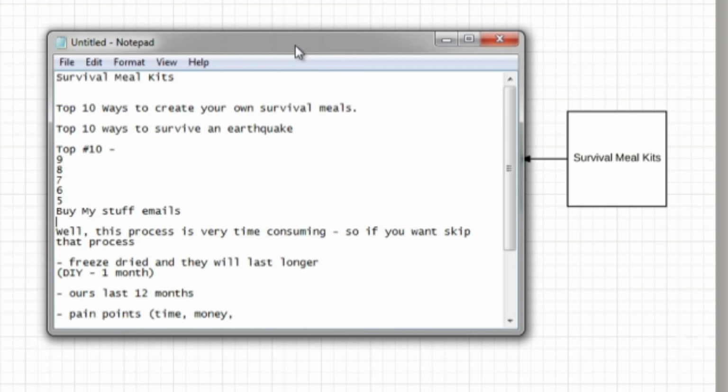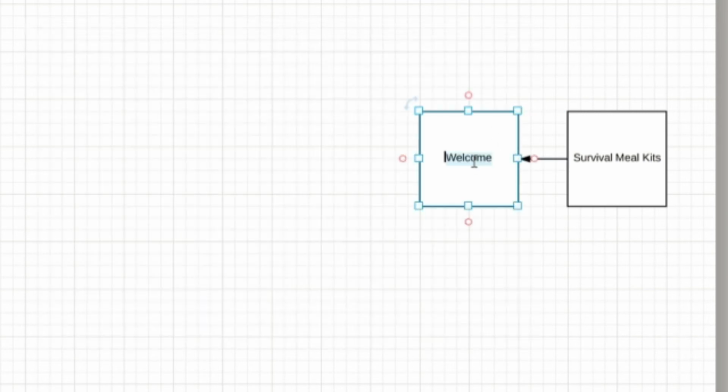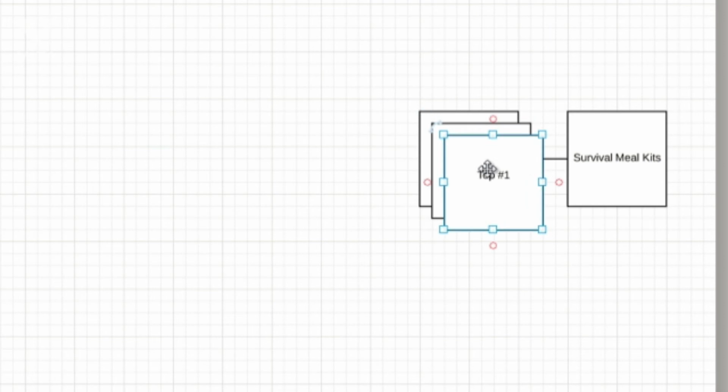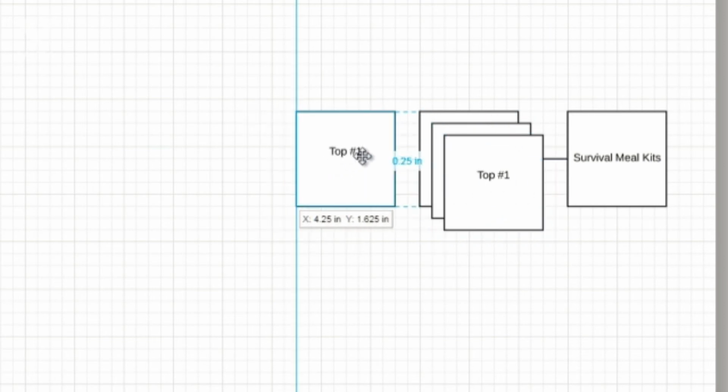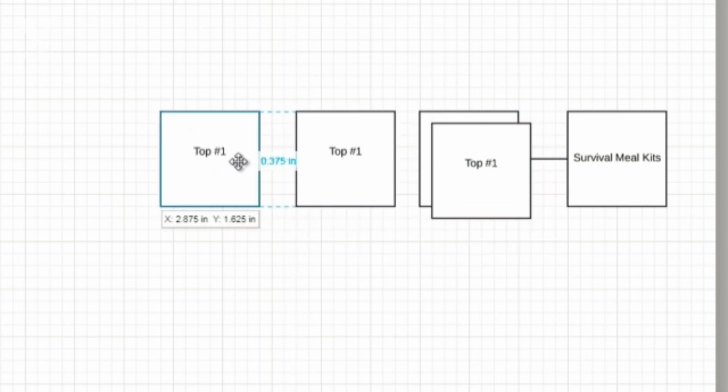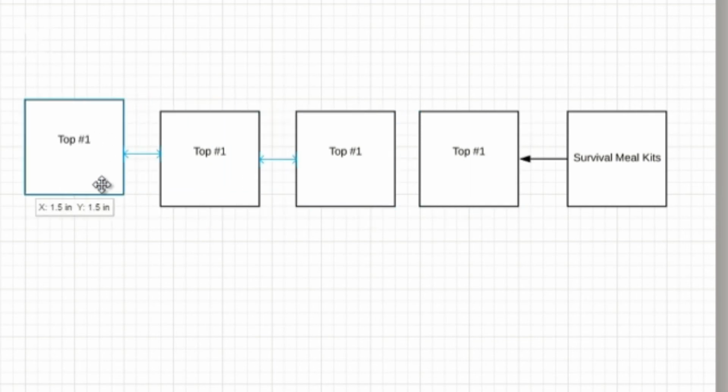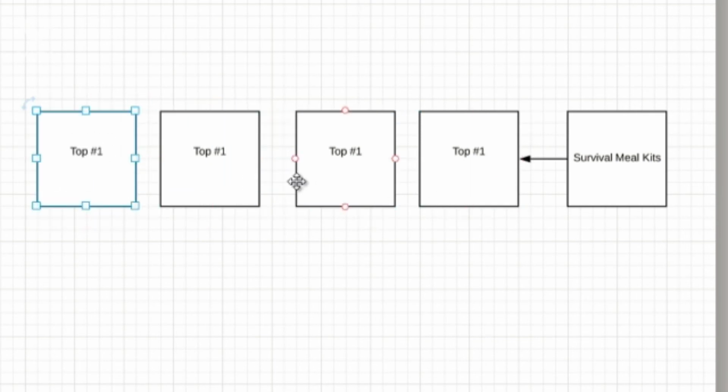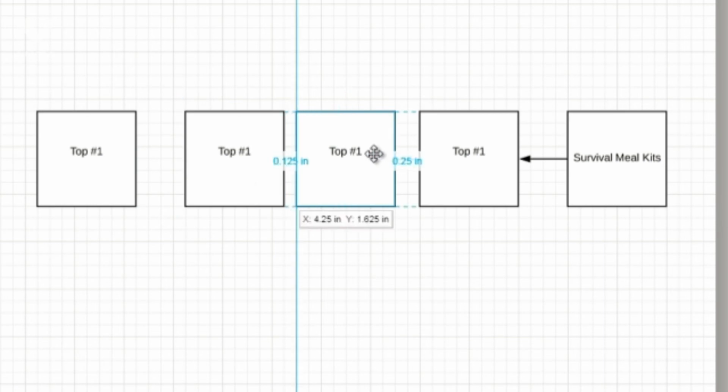So by working backwards, we can say, okay, this can be top number 1, and then this can be 2, 3, 4, and 5. So we can work that in here.